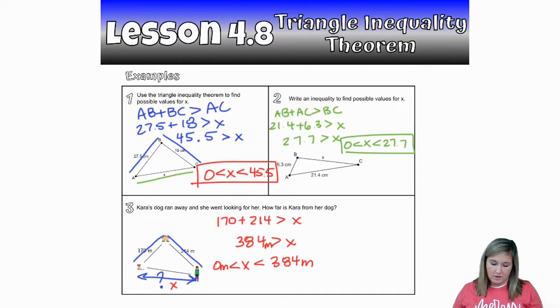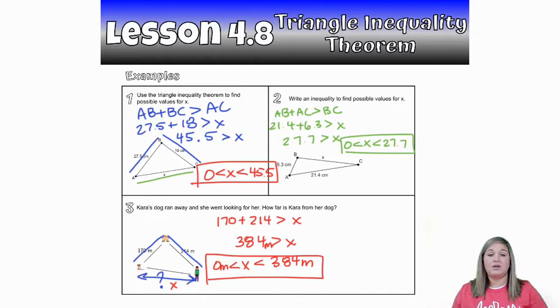X would have to be there. So she's at least closer than 384 meters from her dog. That's another way to word it.